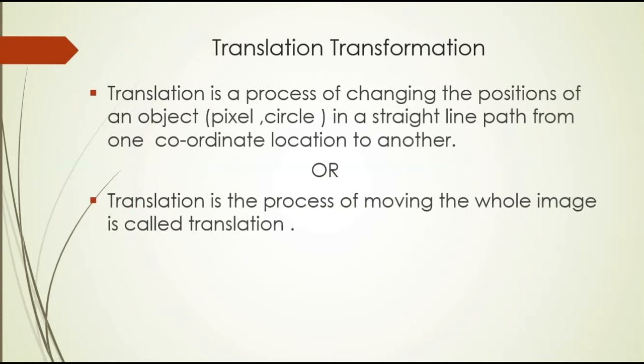Translation is the process of changing the position of an object in a straight line path from one coordinate location to another. It is the process of moving the whole image.